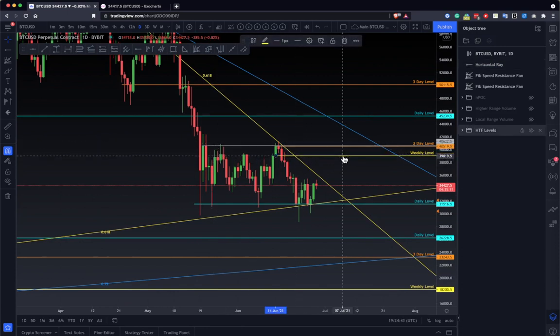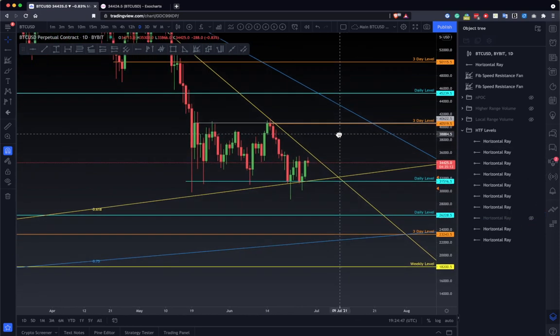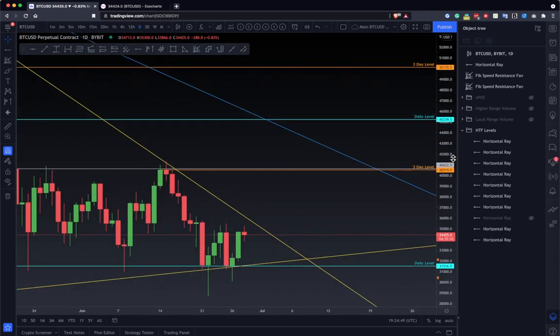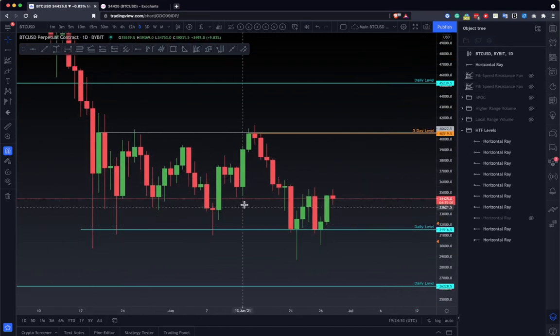If you ignore this for a second, we are ranging between these two. So it's always better to sell the highs, buy the lows, rather than doing the opposite, buying the breakout, selling the breakdown.